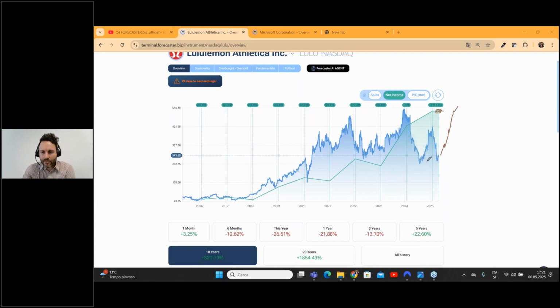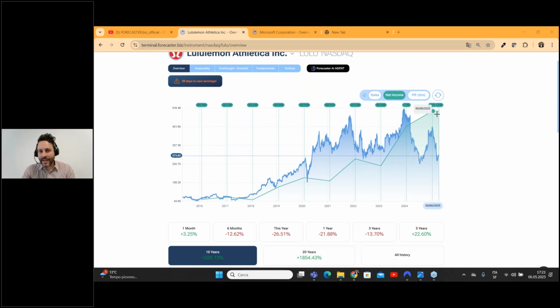And it was the middle of 2024 when we bought these shares, because the net income was skyrocketing, but the prices were falling. In that case, the company was falling because Nike, which is in the same sector, was falling, and the investors were really pessimistic regarding the entire sector.